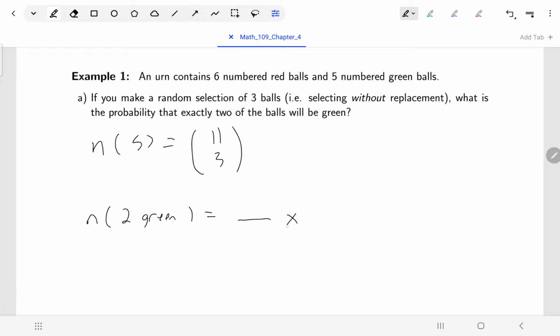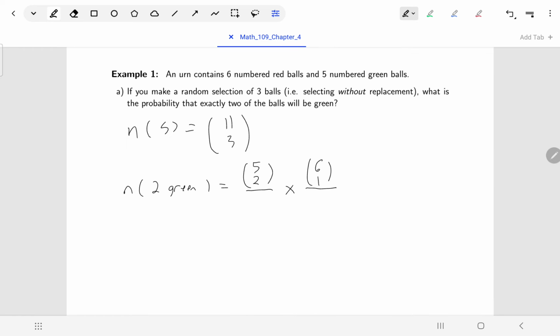There's selecting 2 green balls and also selecting 1 red, because we have to select 3 things in total. There's 5 green balls, so 5C2 should be the number of ways for me to select 2 out of the 5 green balls. And there's 6 red balls, so 6C1, that should be the number of ways for me to select a red ball from the urn.